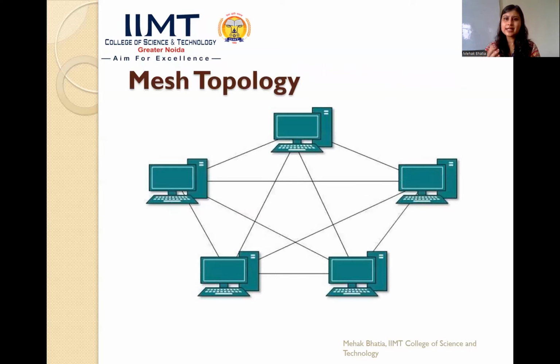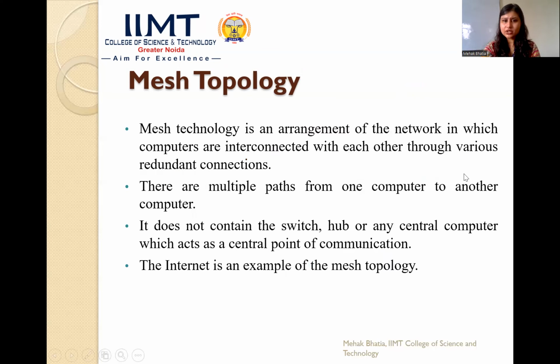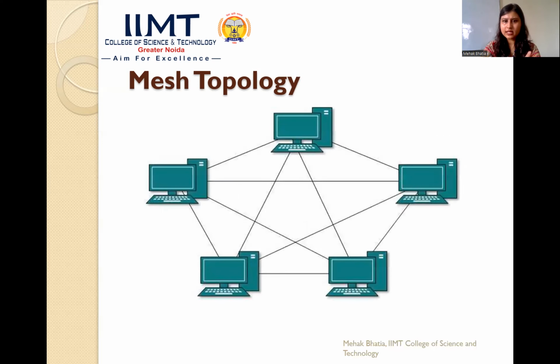Now let's move on to the second last topology in today's topic, which is the mesh topology. As you can see in the diagram, various devices here in the mesh topology are connected to one another in a mesh form. A mesh topology is an arrangement of the network in which computers are interconnected with each other through various redundant connections.